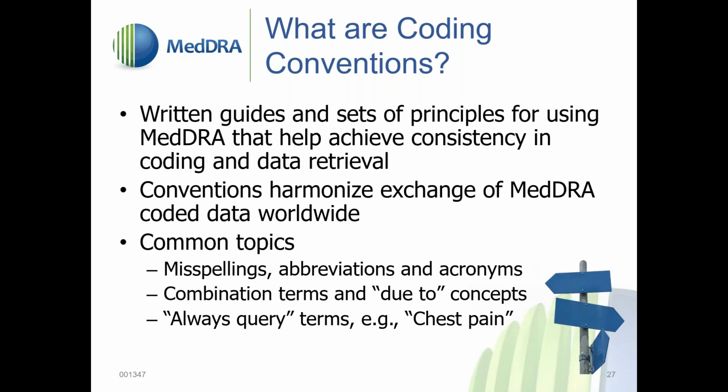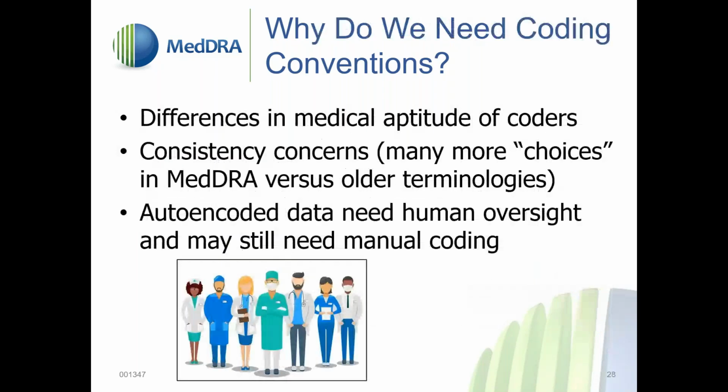You may ask yourself why such documents are needed at all. First of all, coders may have a very different background and they may need guidance how to handle very specific medical terms within MedDRA in order to achieve medically accurate coding output. Also, MedDRA is very large and nearly always provides a variety of coding options as compared to previous legacy terminologies.